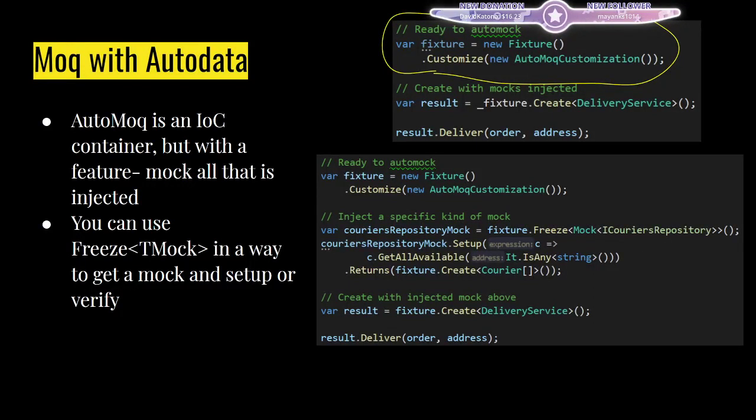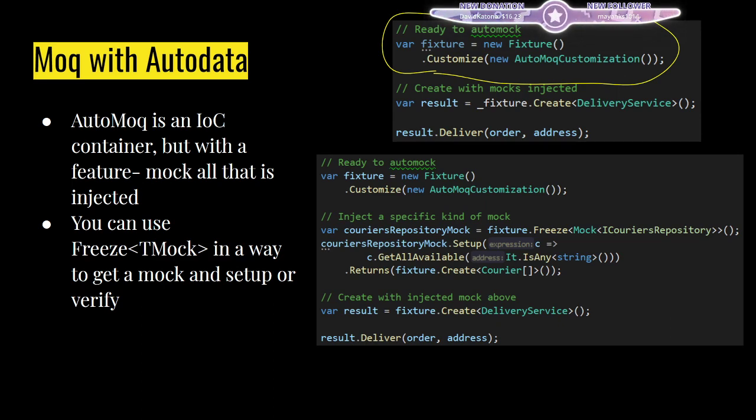If it's concrete, it creates it as concrete. But if it's an interface, it will mock it. And therefore, if I say fixture create delivery service, and delivery service has a bunch of dependencies inside itself, then that means that it creates actual delivery service, but with all other mock dependencies. By default, I don't need to create mocks, it creates them for me, which is great.